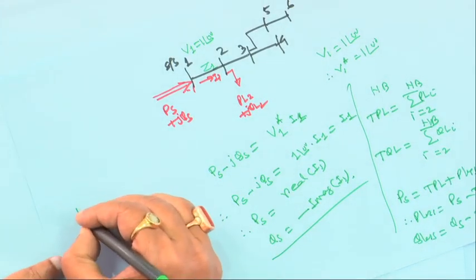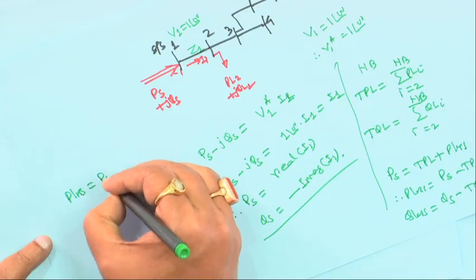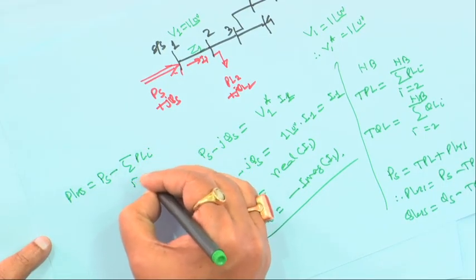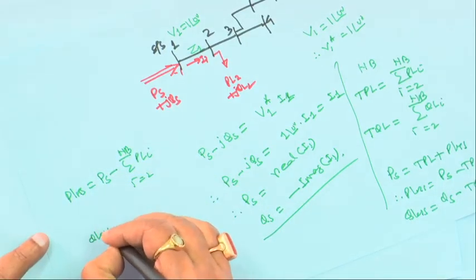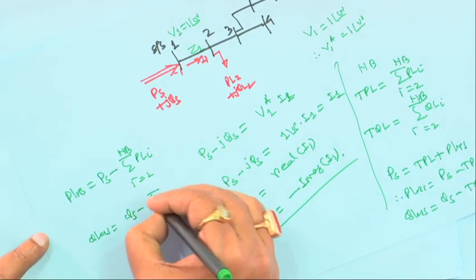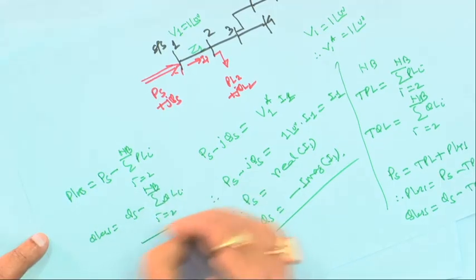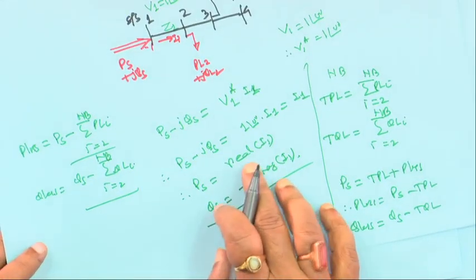That means P loss is equal to the power injected at the substation, PS, minus TPL, the total real power load. Q loss is equal to QS minus the sum over i equal to 2 to NB of QLi. This is the power loss, and it is in per unit.